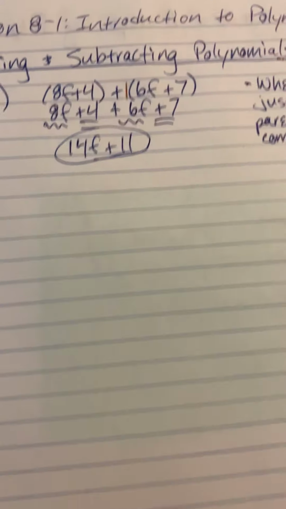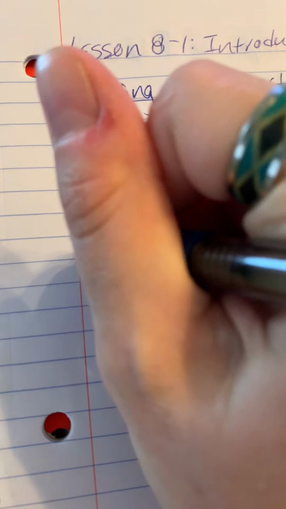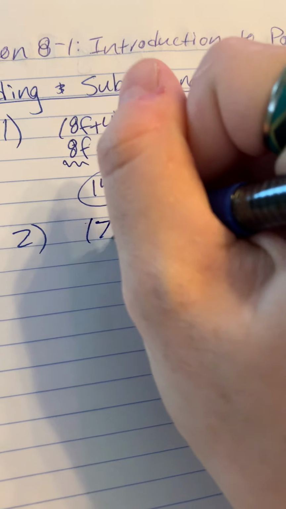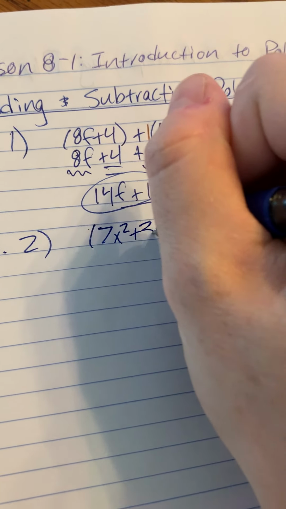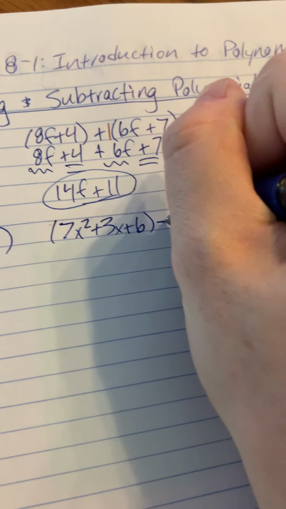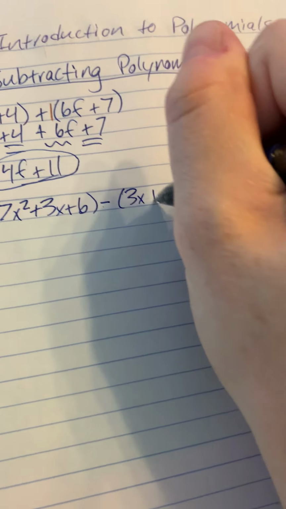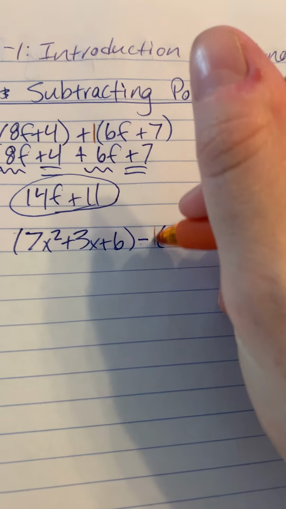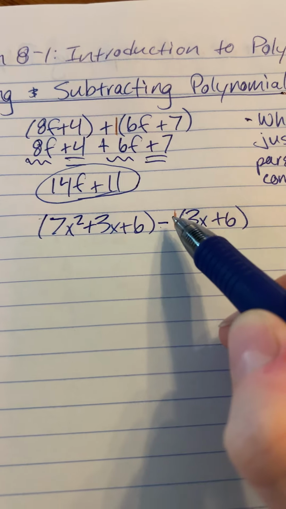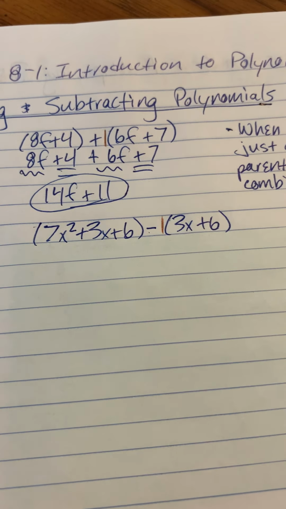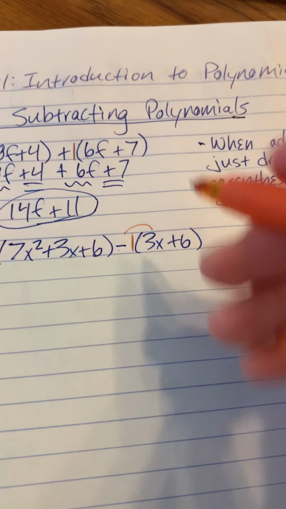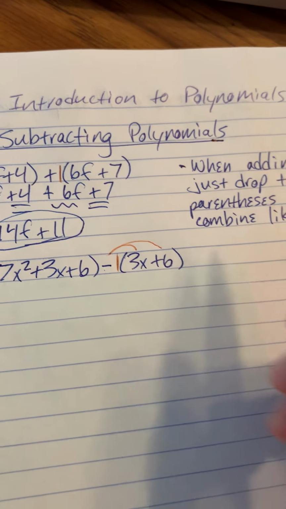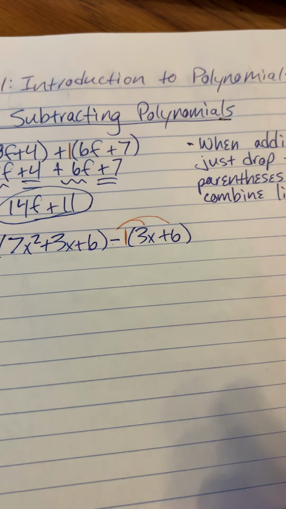Let's do one with subtracting. This problem has 7x squared plus 3x plus 6 minus 3x plus 6. This one is going to have an extra step to think about, because if I write a 1 in here and you think about distributing that -1, that is going to change it. -1 times 3 turns that into a -3. -1 times 6 turns that into a -6.